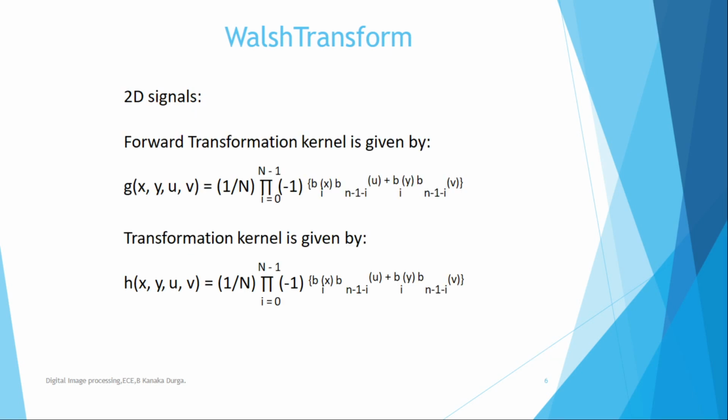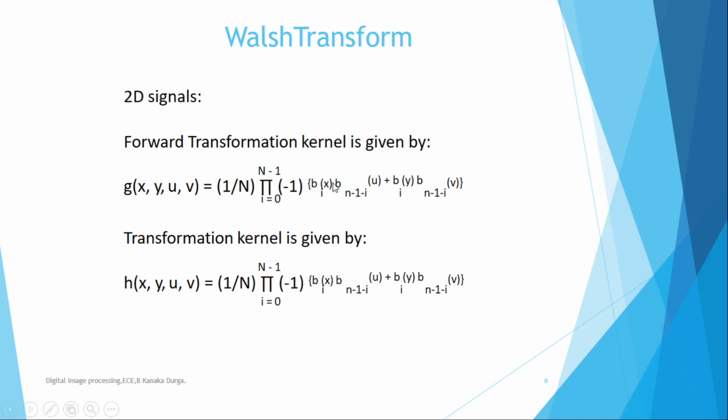Now we are observing the formula for the Walsh transformation in two dimensions. The forward transformation kernel is g of x, y comma u, v. Since it is two-dimensional, I have to take two variables, so I have considered x and y as spatial variables, and u comma v as the frequency variables. Whatever the one-dimensional formula is, the same formula is applicable. The one-dimensional formula we observed is 1 by N, product of i running from 0 to n minus 1, minus 1 whole to the power of b_i of x, b_(n-1-i) of u.